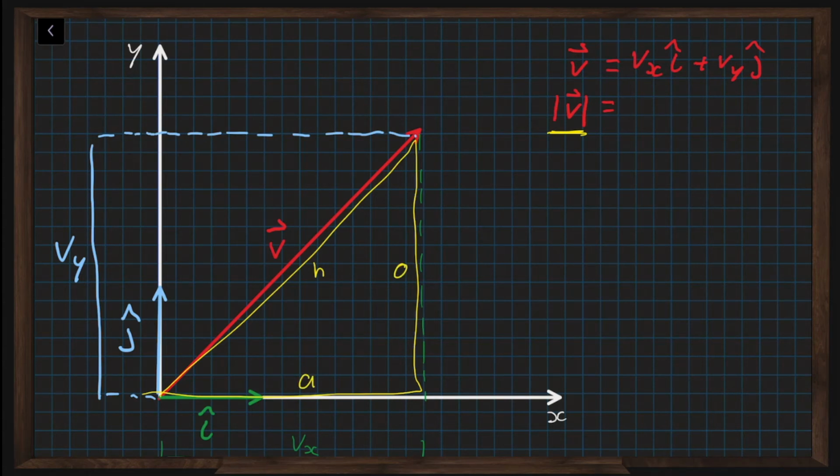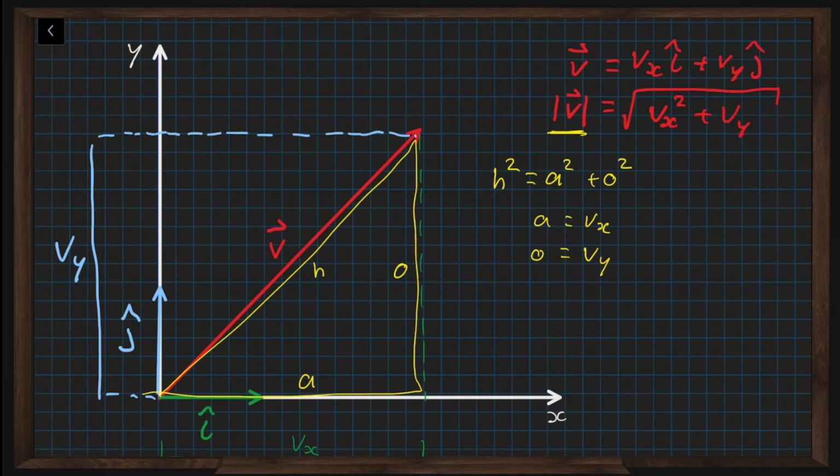And we know that the hypotenuse squared is equal to the adjacent squared plus the opposite squared. And we know that the adjacent is equal to Vx and that the opposite is equal to Vy. So from all of this, we can figure out that the magnitude of a vector is given by the square root of the x component squared plus the y component squared.